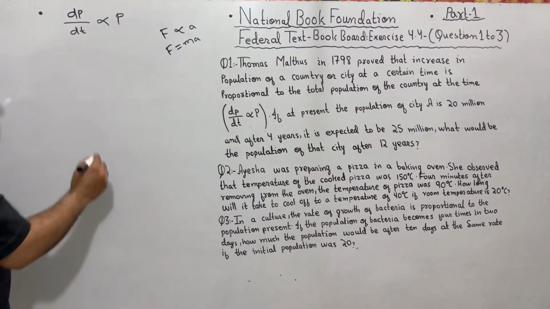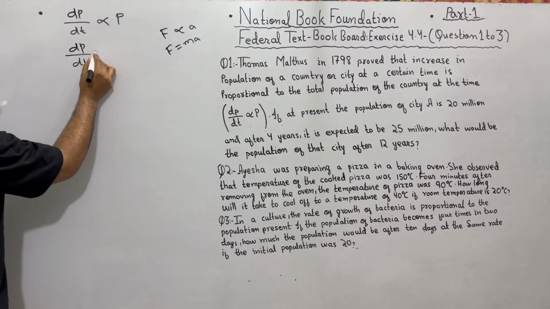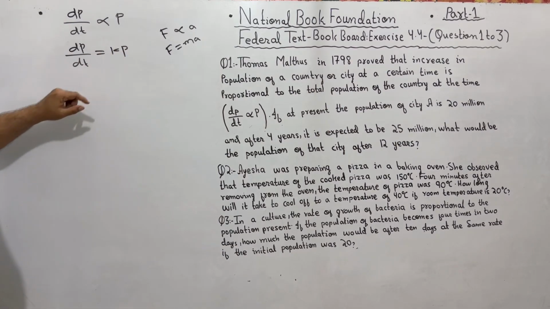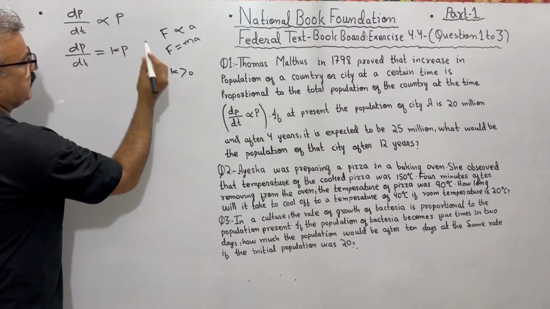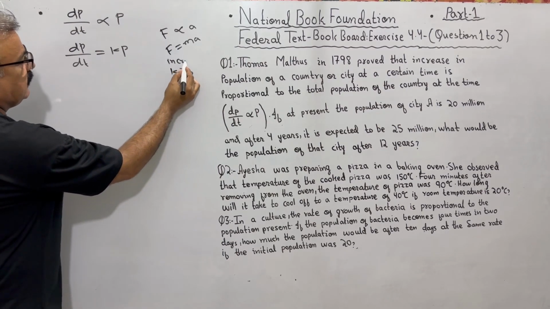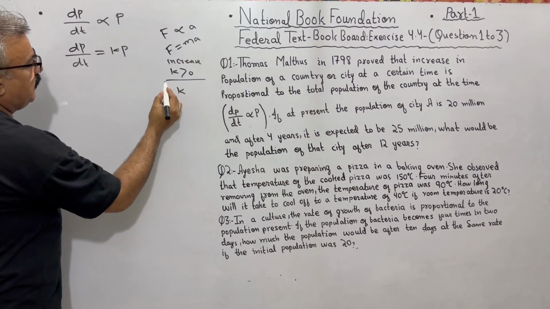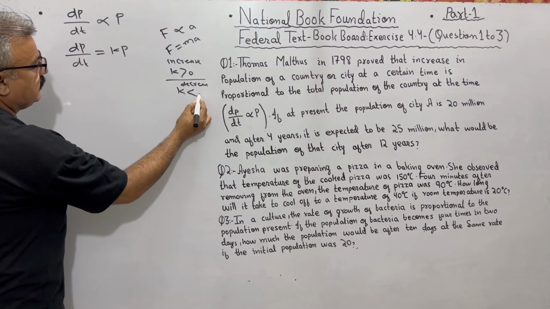In that case, we have to generate a constant, say k, so dP/dt = kP. Here, for an increase, the value of k must be greater than 0. For a decrease, the opposite is the case: k must be less than 0.